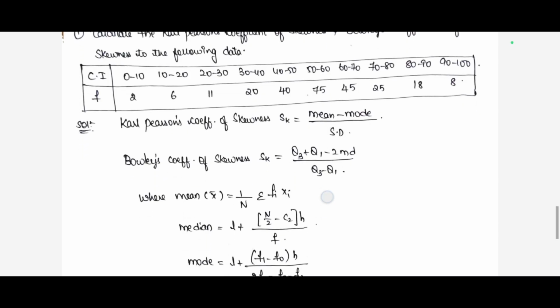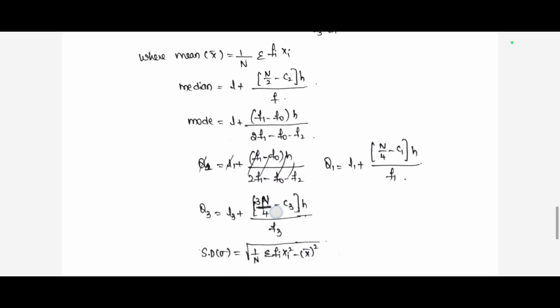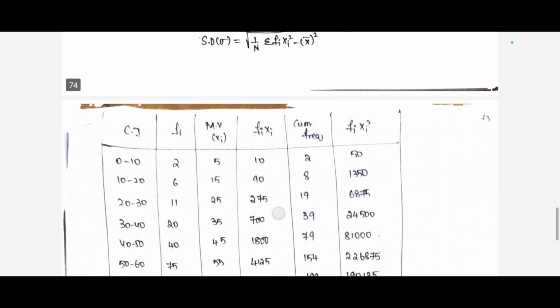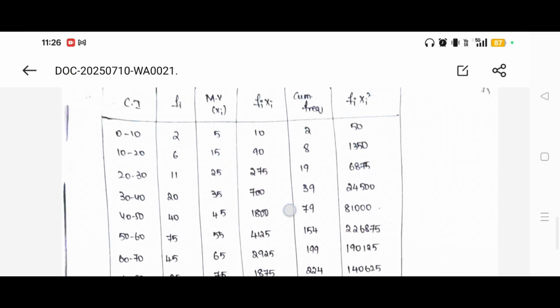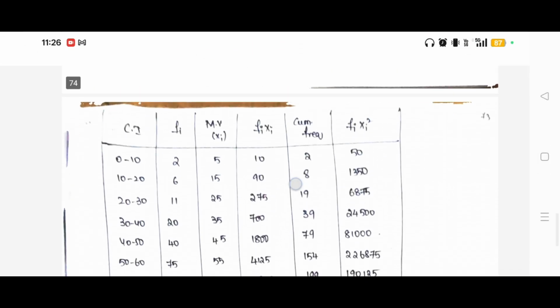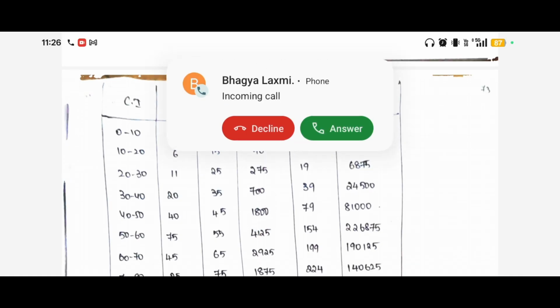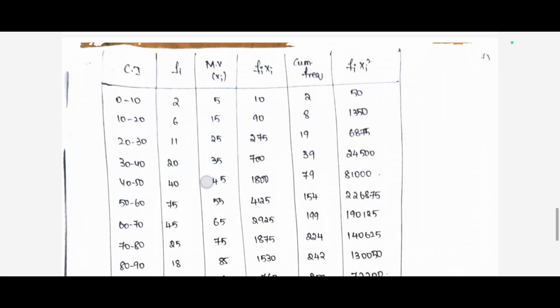First we write the formulas, then we calculate using them. From those formulas we are going to prepare a table, where class intervals are converted into midpoints, and we also find the cumulative frequencies for the median.